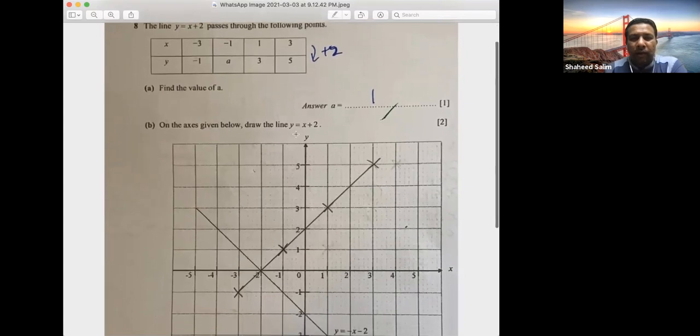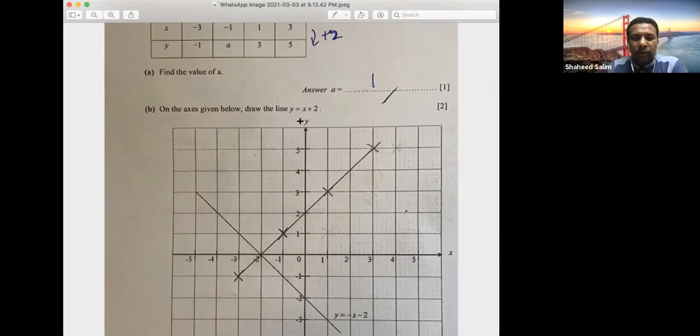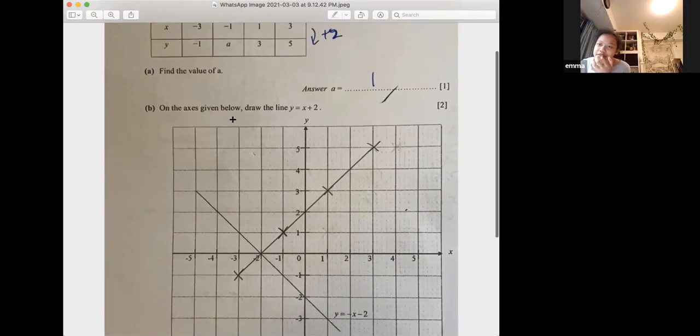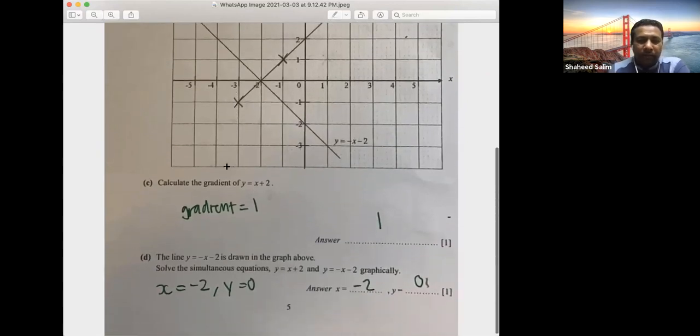On the axis, draw the line down here, y equals x plus 2. Okay, so you have drawn this. Yeah, I got it already. But can you explain D to me? I don't even understand the question. Okay, D. Let me see.